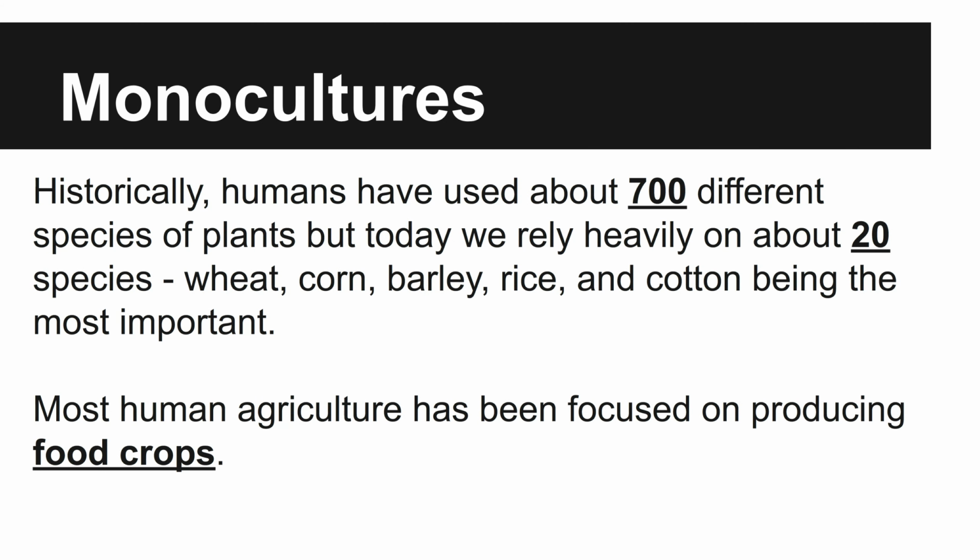As far as crop growth, monocultures. Historically, humans have used about 700 different species of plants. Today, we really rely on about 20 different species, such as wheat, corn, barley, rice, and cotton, being the most important species that we grow. Most human agriculture has been focused on producing just these 20 different, mostly food crops.